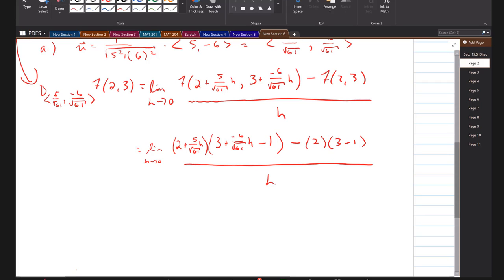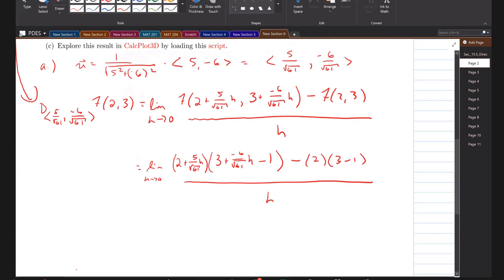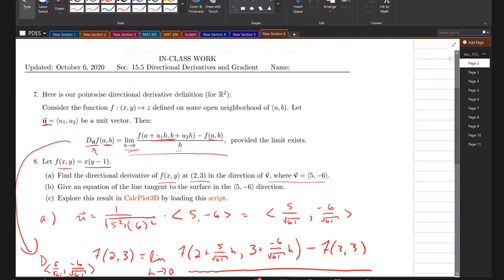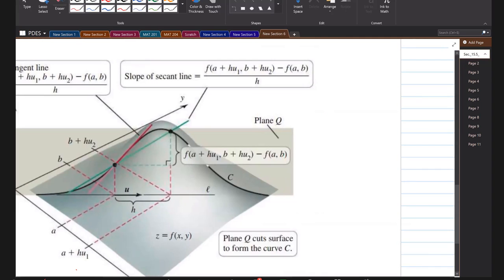Should that be f prime of 2 comma 3 equals all of that? No, it should not. Does it look like it up there? No. So remember, Dustin, and I'm going to jump between pages now, we're computing the slope of this line right here in this particular direction.